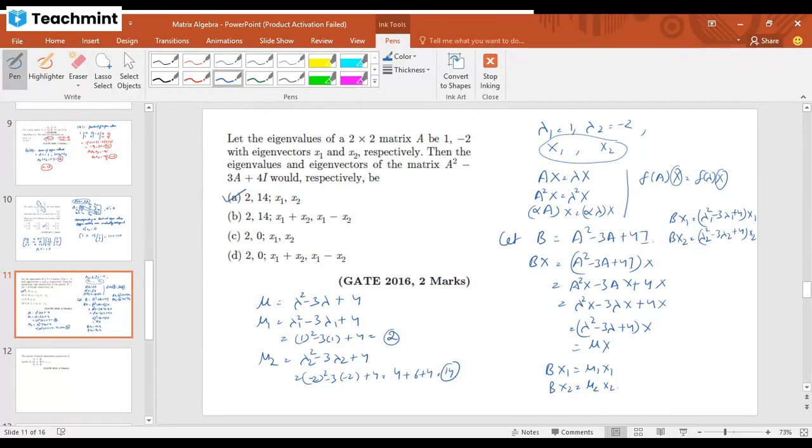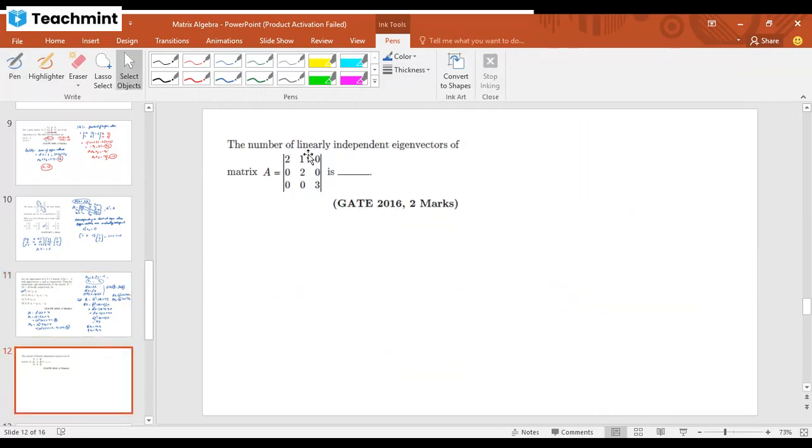Now let us move to the next question. The question is the number of linearly independent eigenvectors of the matrix A. I have taken this problem from the GATE examination.